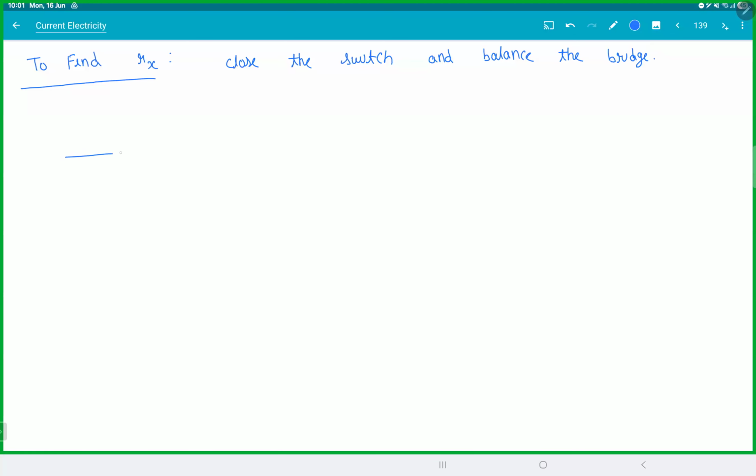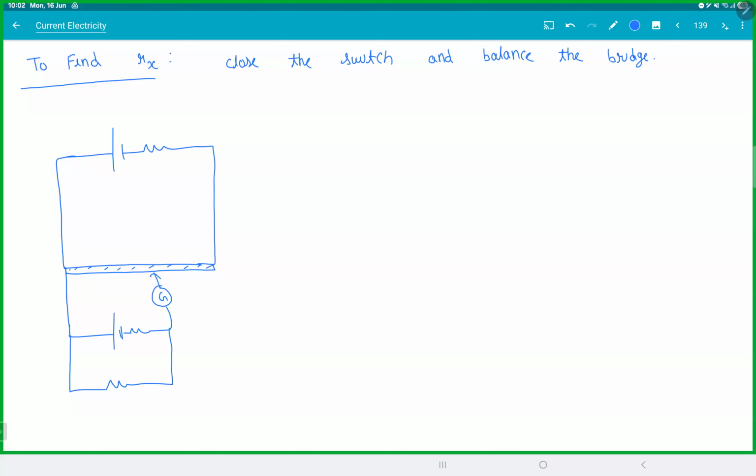Again, you have to draw the circuit. This is how the circuit looks.